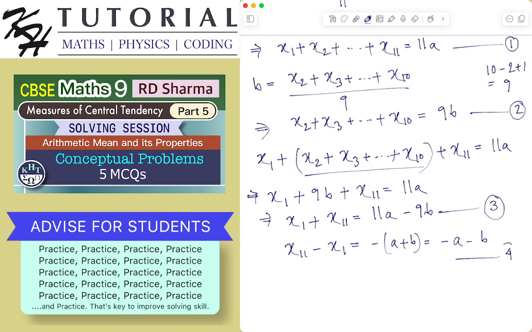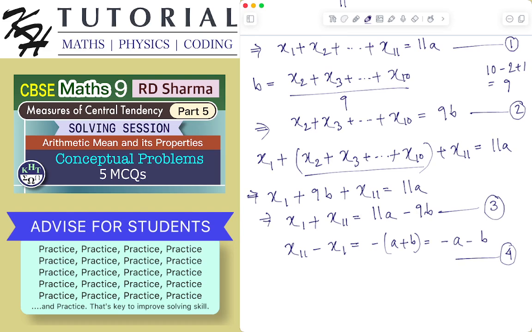Let this equation be 4. Now you see we have two equations where the two unknowns are x1 and x11. I think you are already familiar with solving linear equations in two variables. So in equations 3 and 4, the two variables are x1 and x11, and we can easily solve them.